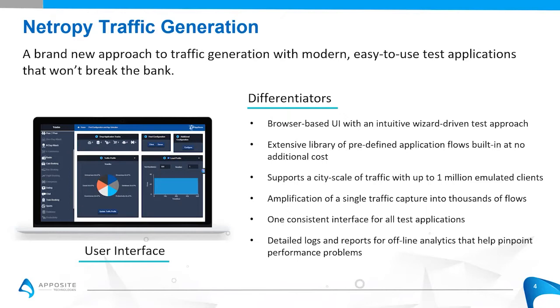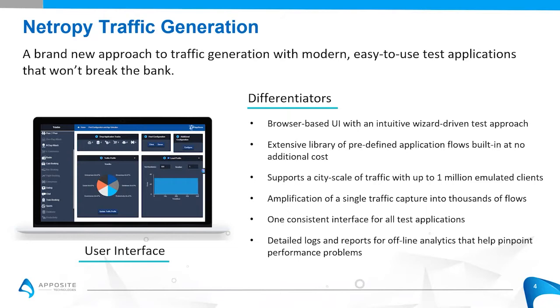For those of you who are familiar with our Netropy WAN emulators, you know that it's very easy to use and you're up and running in minutes, and we're trying to do the same with our Netropy Traffic Generation solution. We also have an extensive library of data flows that come with the device free of charge. So some of the other players in the market actually upsell for these flows.